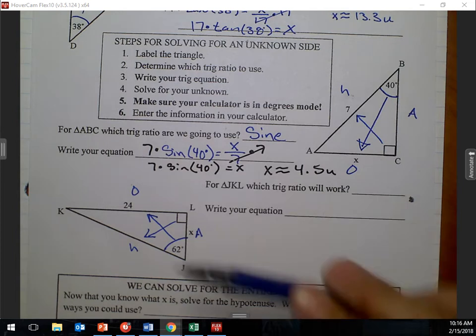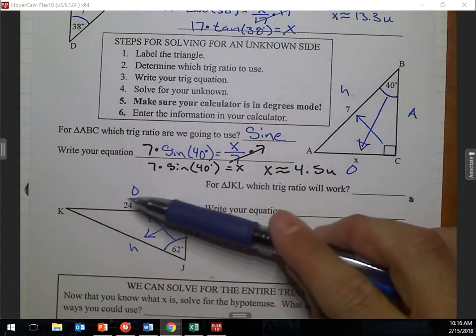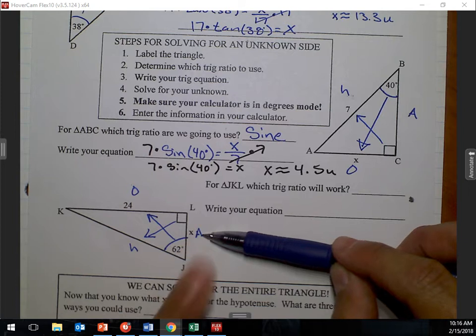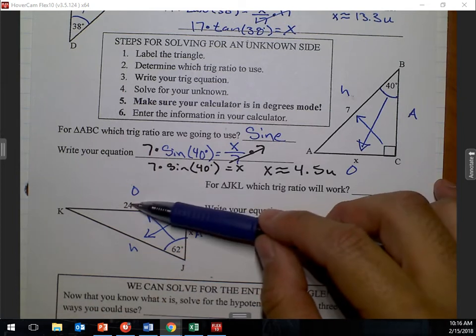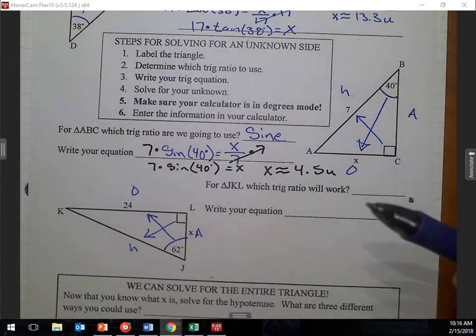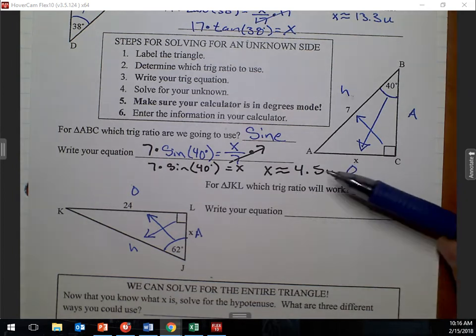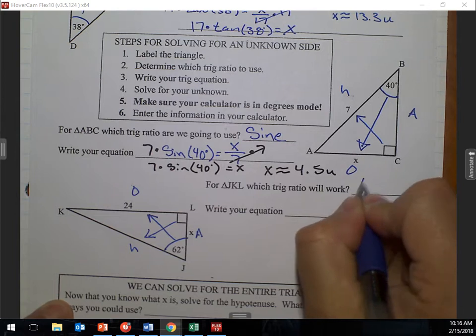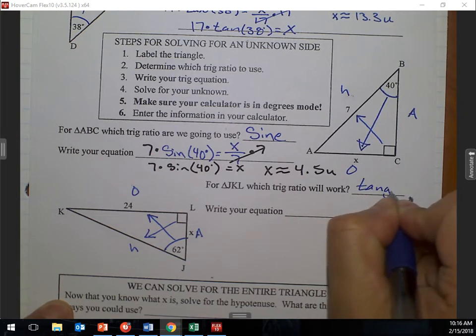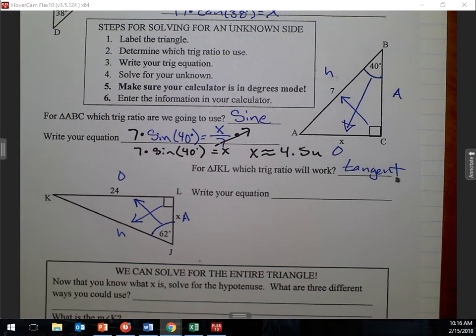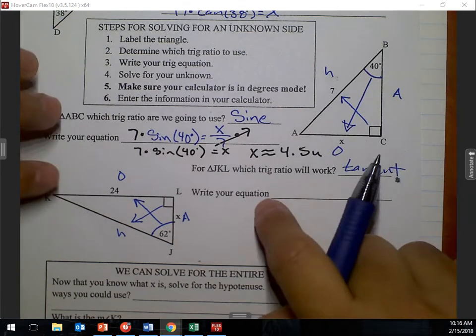Okay, let's look. I'm solving for the adjacent, and I have the opposite. So opposite and adjacent is going to be tangent, right? Yes, so this one's going to be a tangent. So I'm going to write the equation.